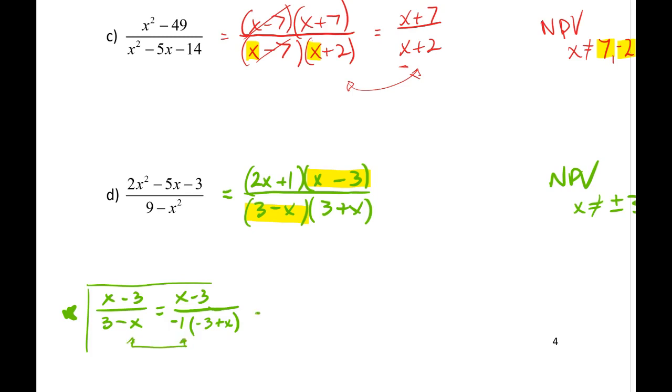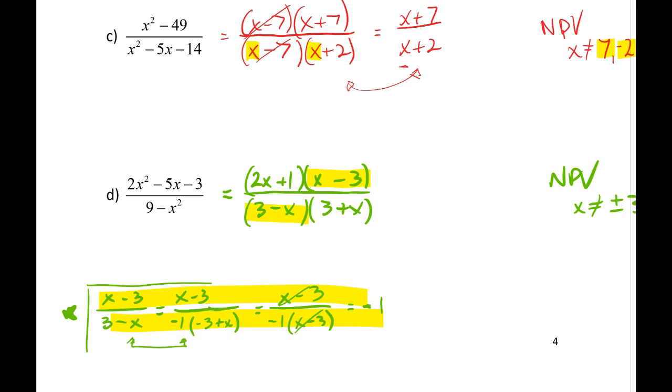Okay? And if you go a little further with that, if I rearrange the order in the bottom, you actually get this. And there you can cancel out the x minus 3, and you're left with negative 1. Okay? So what's the moral of the story here?